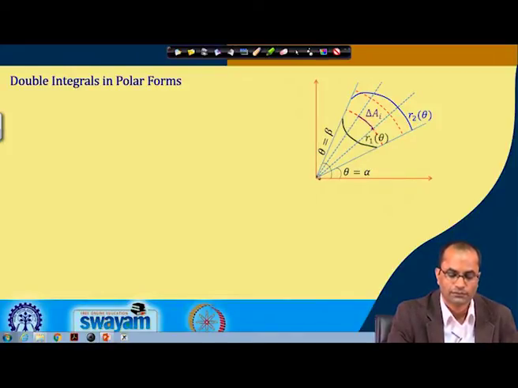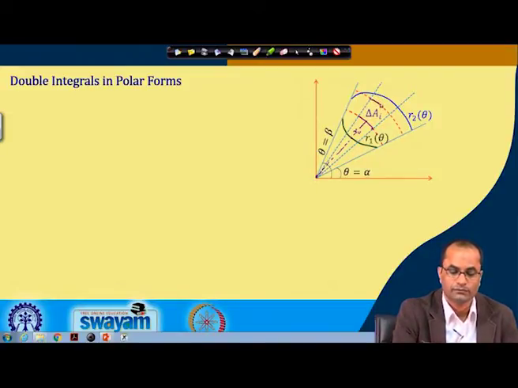Then we take an increment in r i by delta r i to reach the other radius. Similarly, the angle we trace to go from here to here is delta theta.